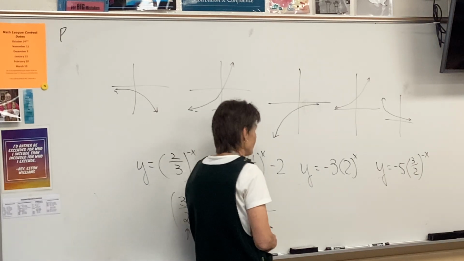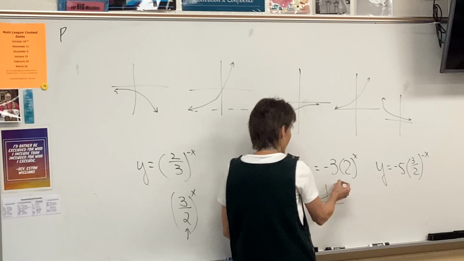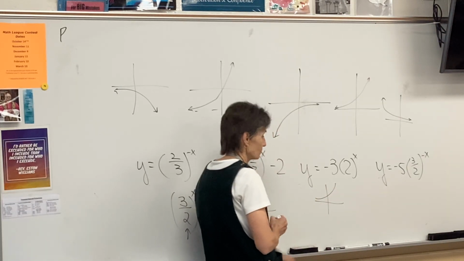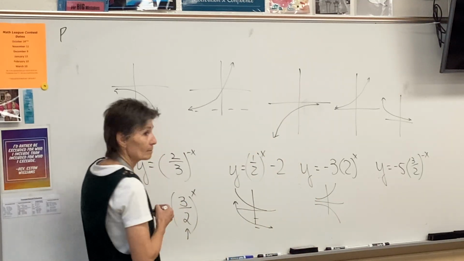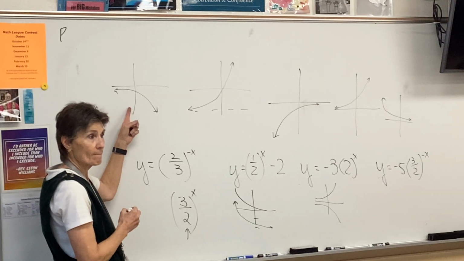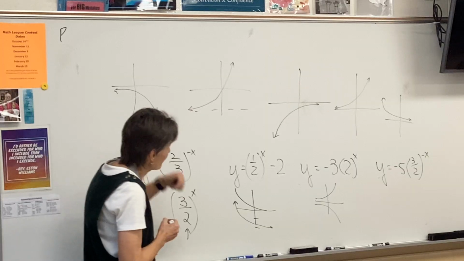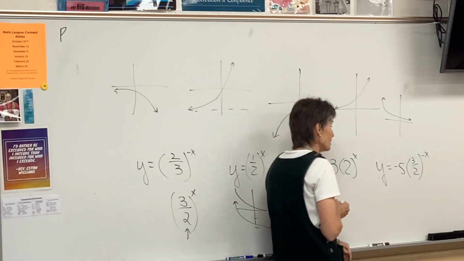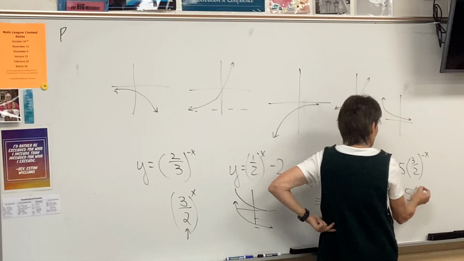How about this one? That's a growth. Upside down. Do I have that up here? First one? Are we following along? Everybody good? All right, and finally this one, there's a lot going on here. Let's take care of that exponent first.